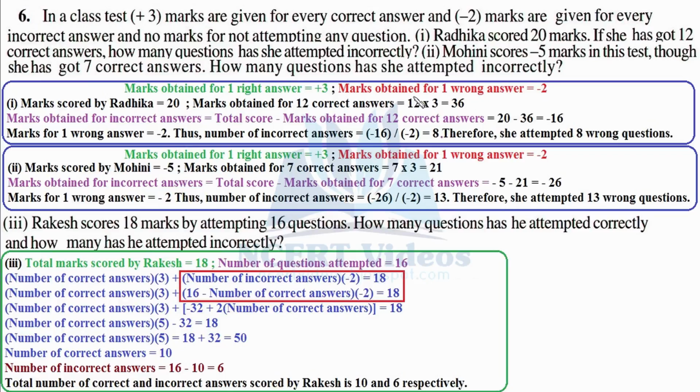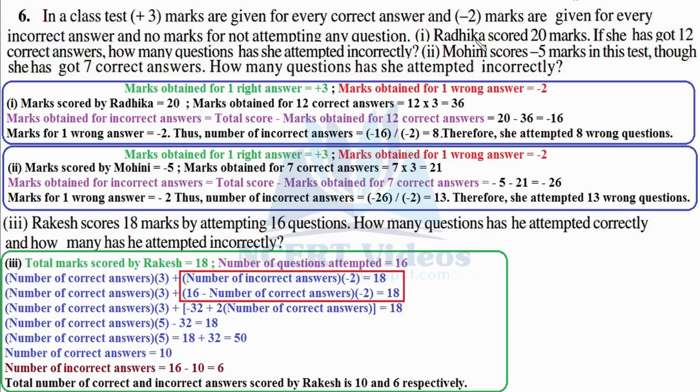So therefore, we got marks obtained for incorrect answers as minus 16. Marks for one wrong answer was minus 2. Therefore, we can get the number of incorrect answers by dividing the total wrong marks she got by the marks for one wrong answer. That is minus 16 divided by minus 2. So it is simple. 2 eights are 16, minus by minus is plus. Therefore, she attempted 8 wrong questions.